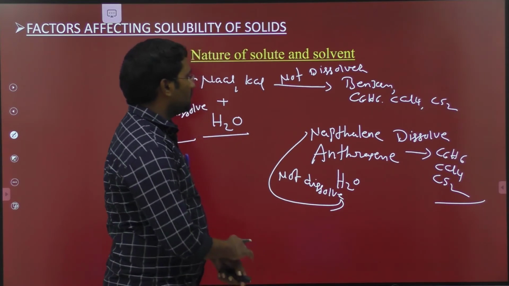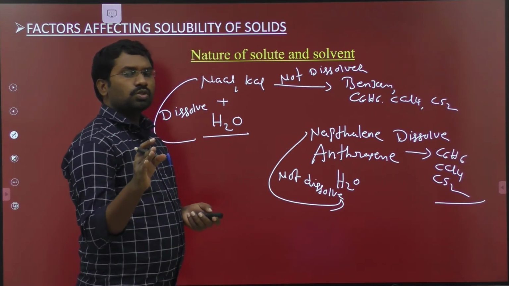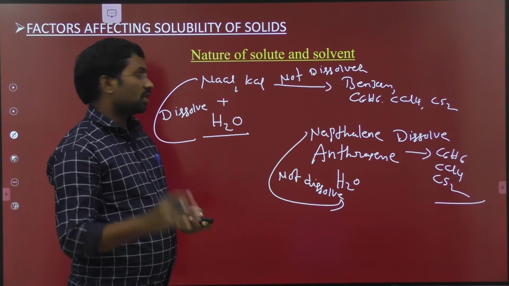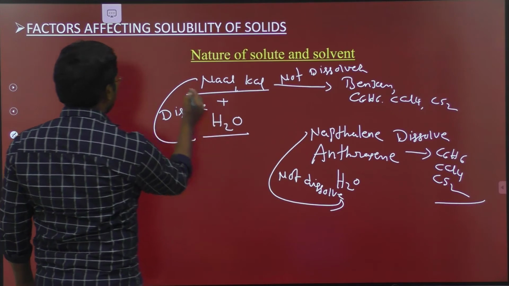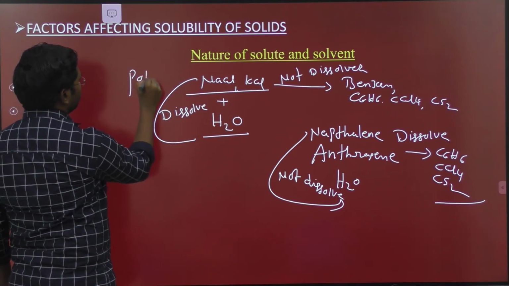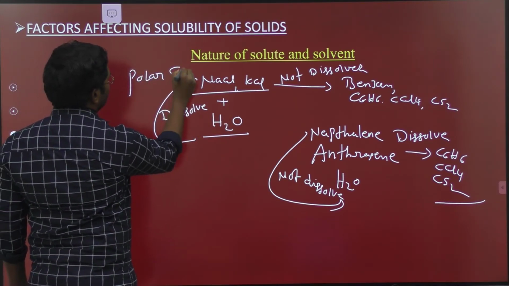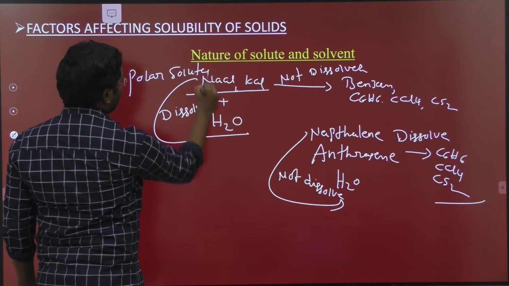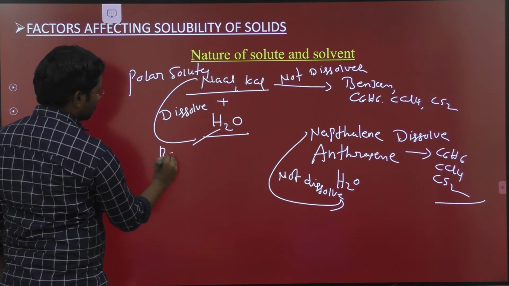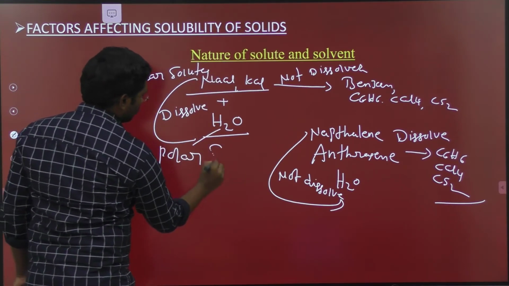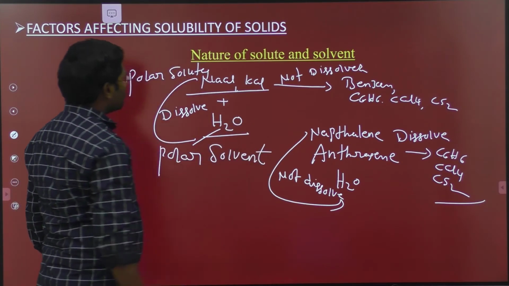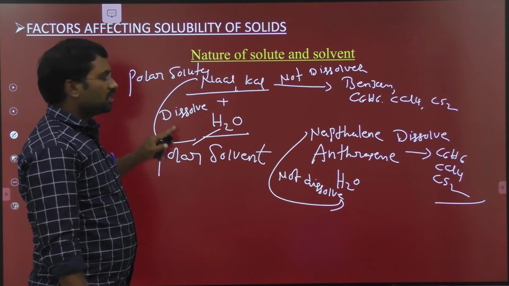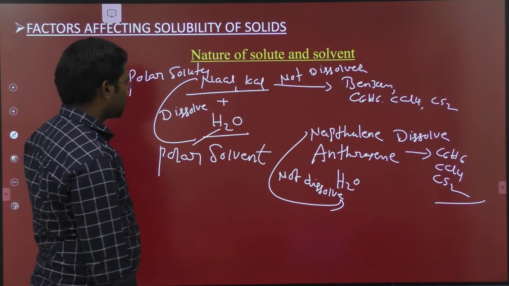Here the common thing is that polar solutes dissolve only in polar solvents. Sodium chloride and potassium chloride are polar solutes, and water is a polar solvent. So only polar solutes can easily dissolve in polar solvents.